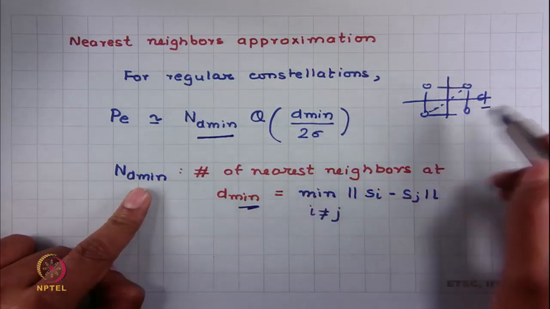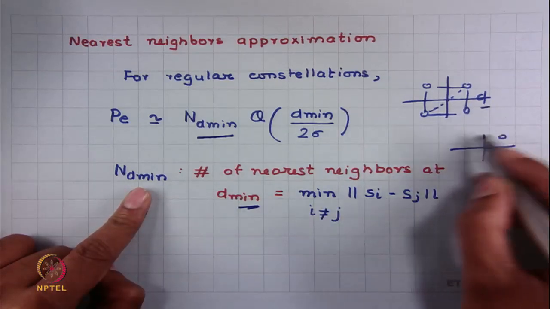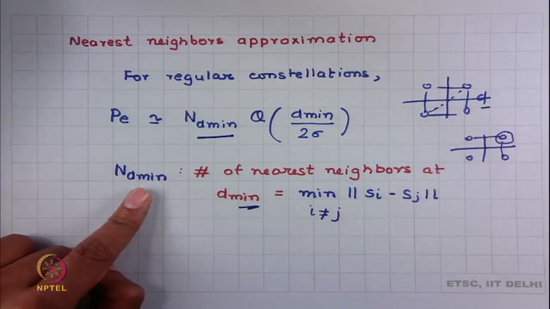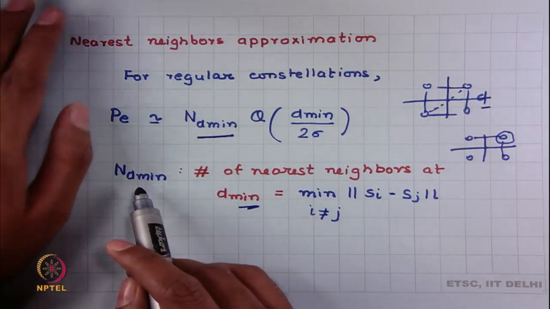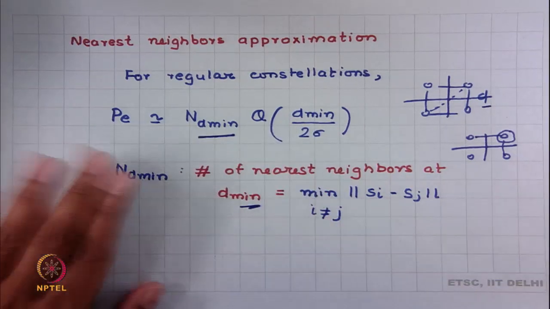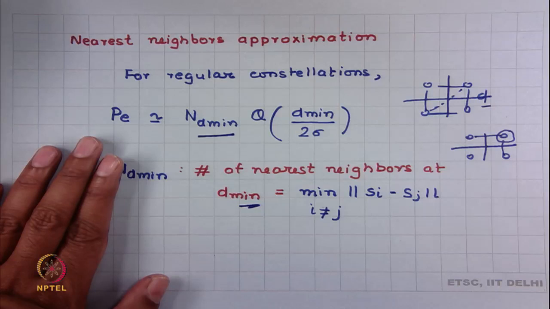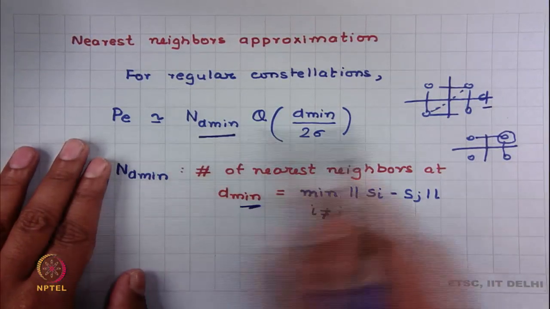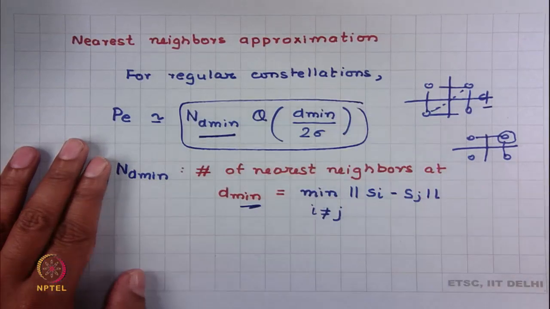Okay. So, for example, in this 4-QAM, how many nearest neighbors does this symbol have? There are 2 nearest neighbors, one this and one this. Okay. Hopefully, now you have understood the meaning of the word d min, which is the minimum distance present in a constellation, and N d min is the number of neighbors at that minimum distance d min, and probability of error is simply obtained by this relationship.